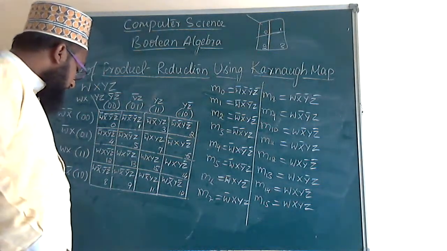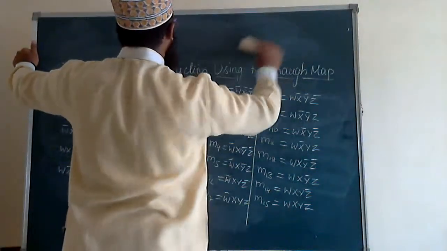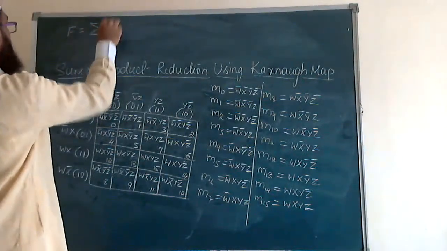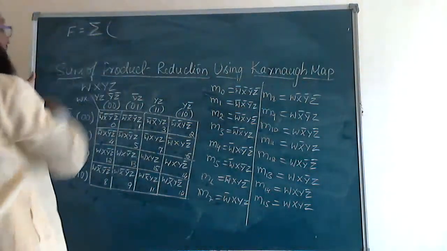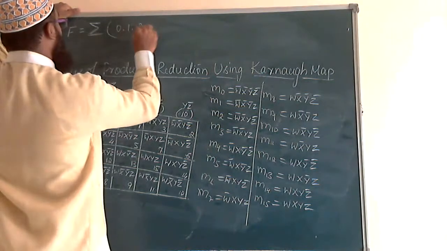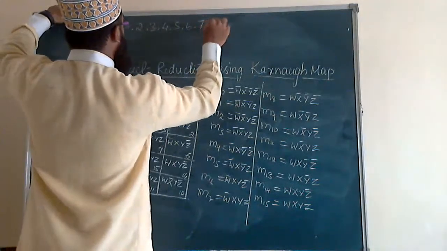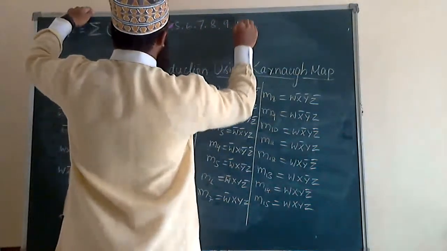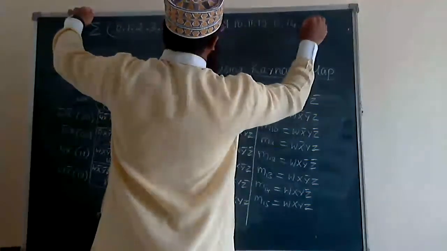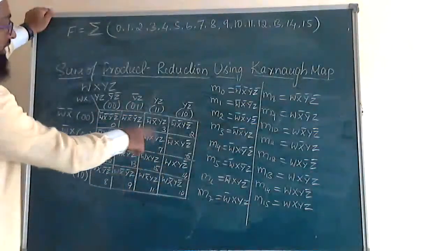And how can we represent this? We can represent this as f is equal to sigma, because for min terms we will represent sigma. Write down up to 16: 0, 1 up to 15. 2, 3, 4, 5, 6, 7, 8, 9, 10, 11, 12, 13, 14 and 15. But here the order is different.